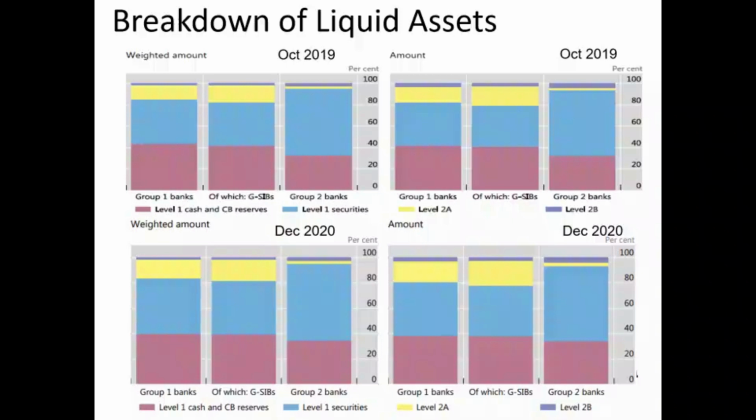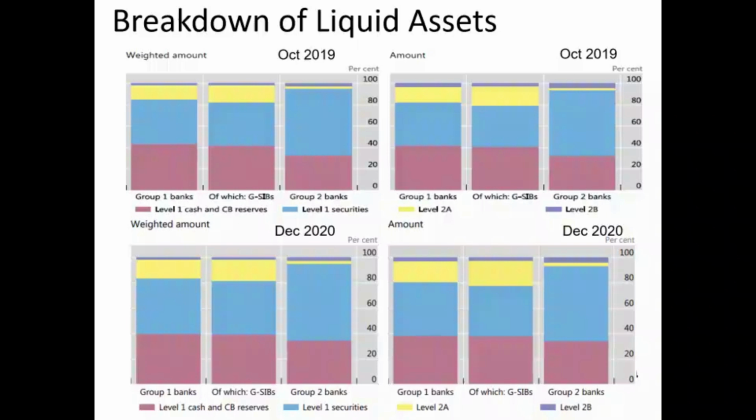But what you can see here on the whole is that the smaller banks, the banks in Group 2, typically rely quite a lot on Level 1 securities compared to the big banks, which typically have more Level 2A assets. And it could be argued that the larger banks probably have easier access to purchase Level 2 assets, given they've got a better credit rating or counterparty risk compared to the smaller banks in Group 2.